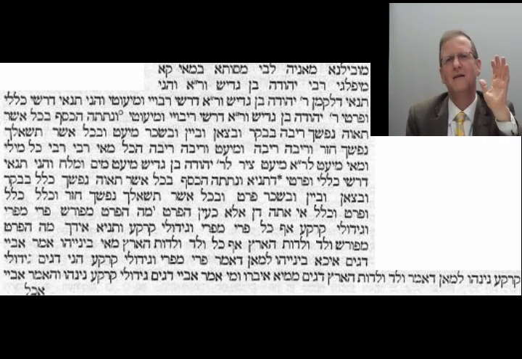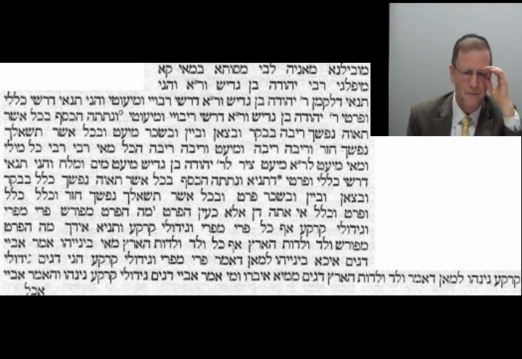Klal, which means any type of food. Bebakar uvatzon uvayain uvashechar, any type of flock, livestock, wine, etc. Prat, which means specific food.